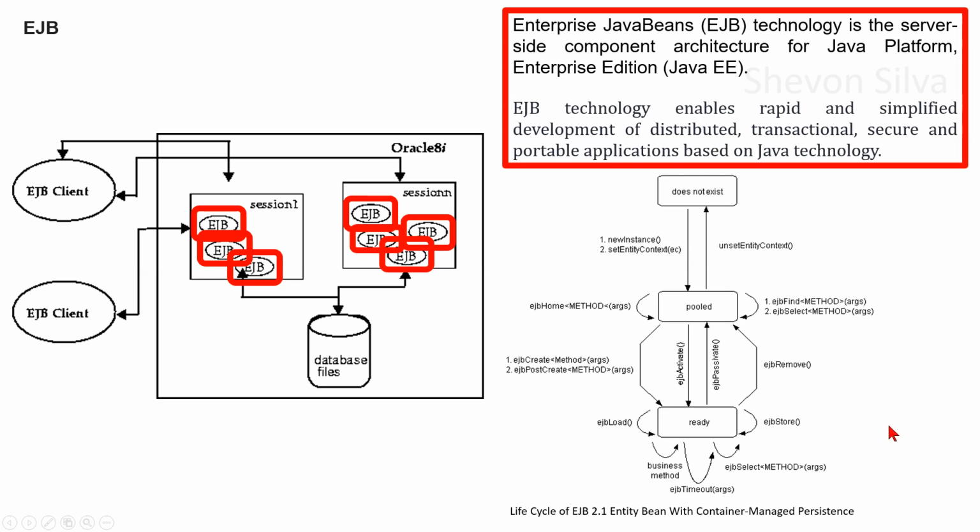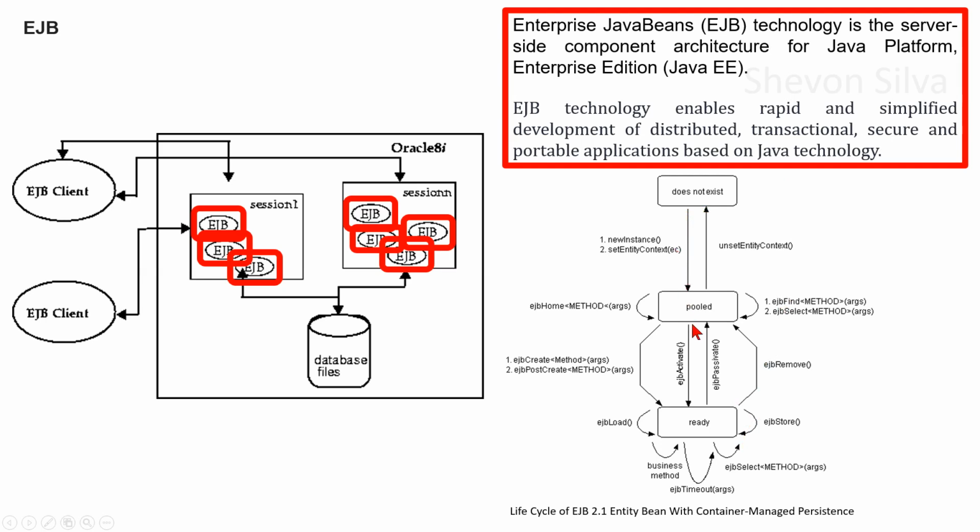There are three states: does not exist, pooled, and ready. To transition from does not exist state to the pooled state, the following occurs.